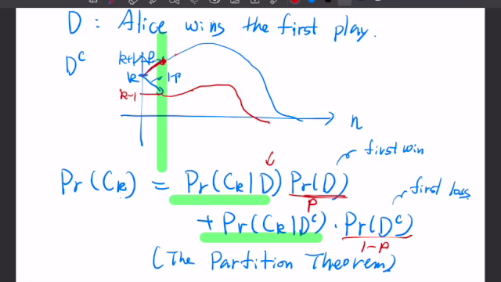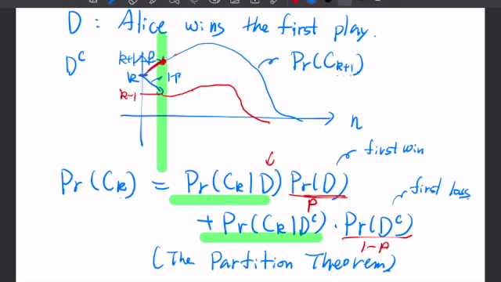Given the first win, what is the probability of ruin? So that will be c_{k+1}, the probability of ruin starting from the initial stake of k plus $1.